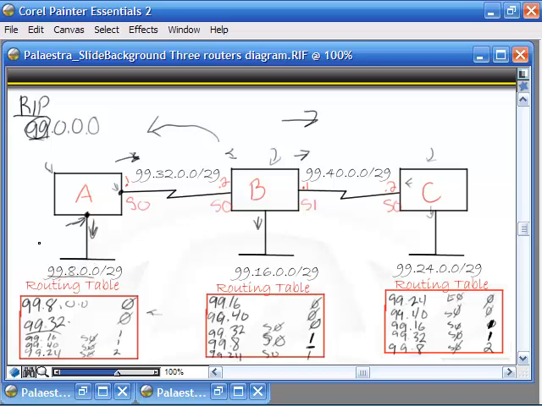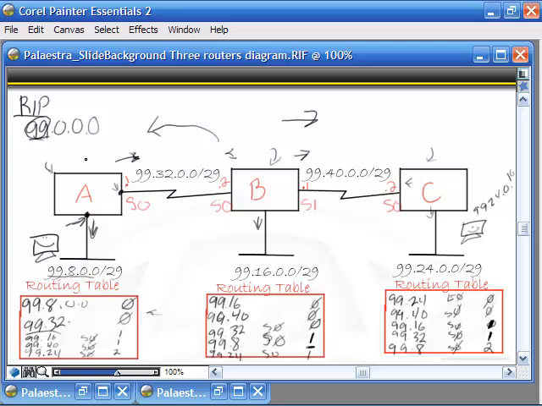So now that all the routing tables are populated, again, you have a client machine here. If he wants to get to this machine over here, he wants to ping him, or whatever he's trying to do, when he addresses it at layer 3 with the IP, the destination IP address is going to be maybe 99.24.0.10. He'll put that in there as the destination IP.